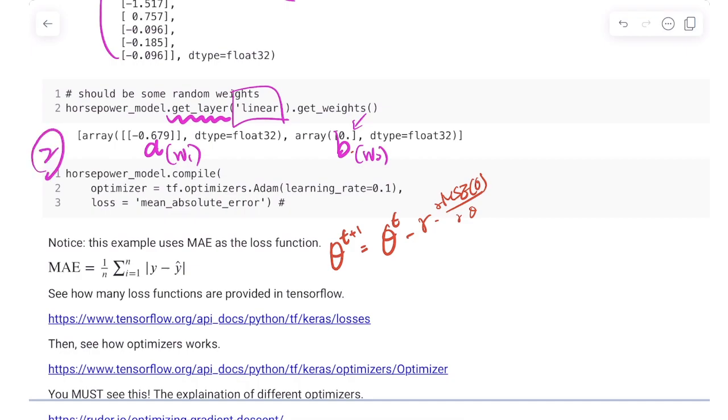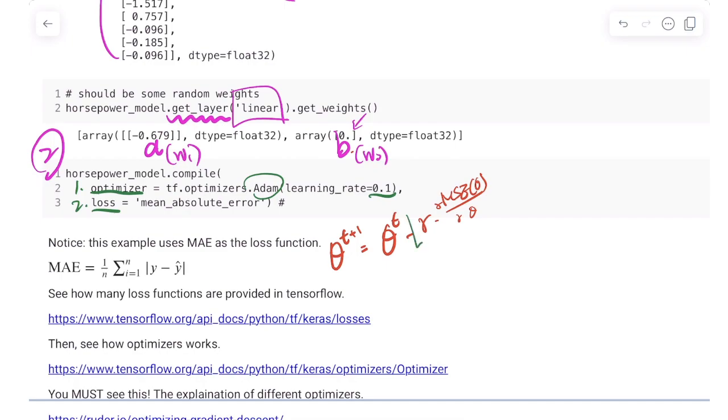So step number 2 is that you need to specify two different things. The first thing is the optimizer. When you perform gradient descent, what kind of strategy would you like to use? We will introduce several different strategies later, but right here the strategy we use is Adam, and the learning rate is 0.1.